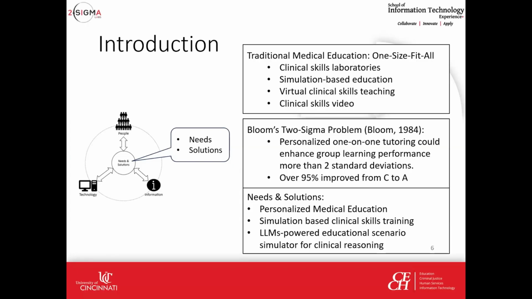Bloom's two sigma problem shows that personalized one-on-one tutoring can enhance group learning performance by more than 2 standard deviations. That means over 95% improvement, from a C score to a grade A. So we are trying to find a solution to fix this issue.